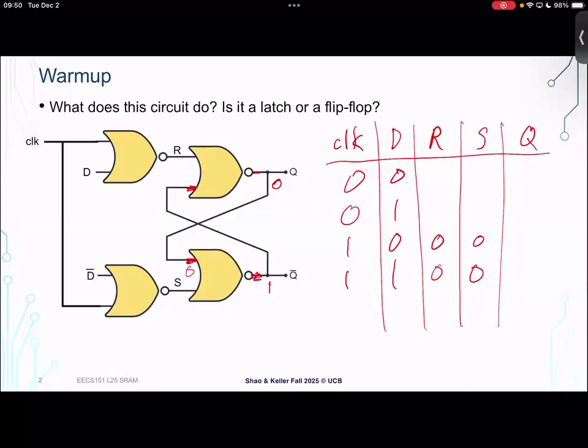It inverts through the NOR gate. Then this input is 1, and so Q stays as 0, right? So what is this doing? It's not really doing anything, right? It's holding its previous value.